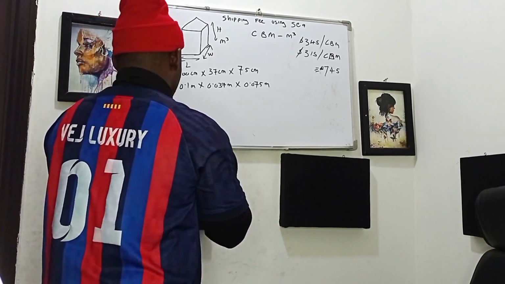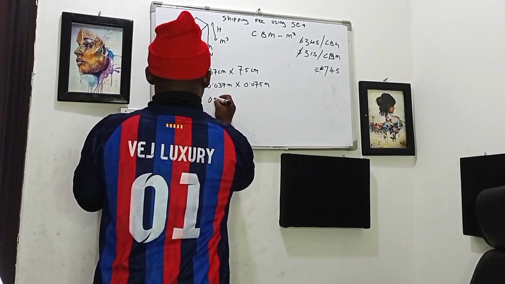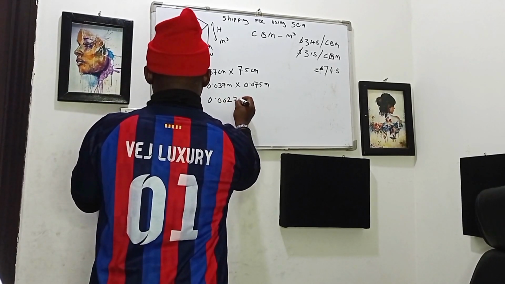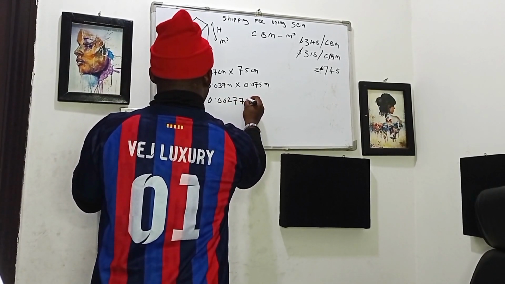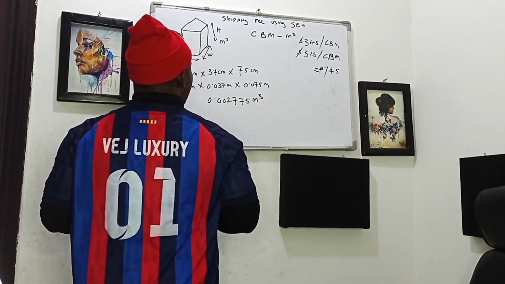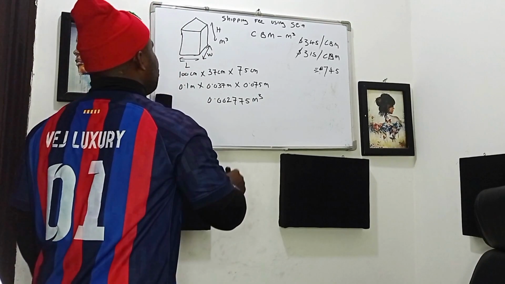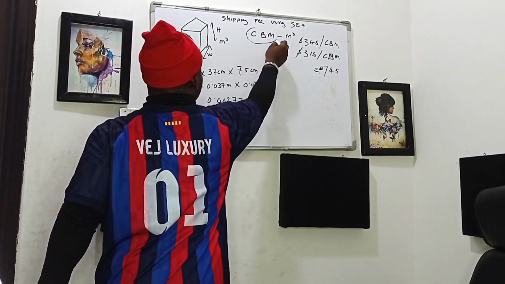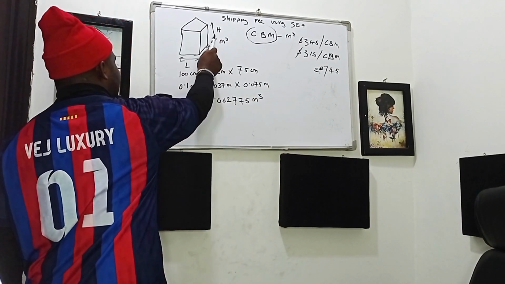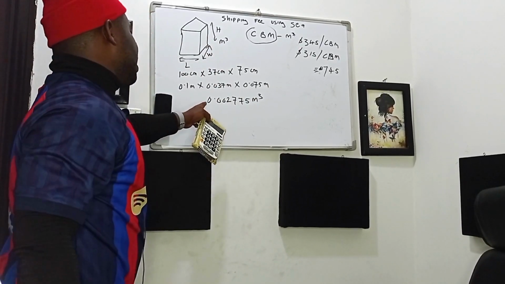It's going to give you 0.002775 meter cube. Remember, I told you the unit for CBM is meter cube. So for this particular item that you bought, this is the CBM.